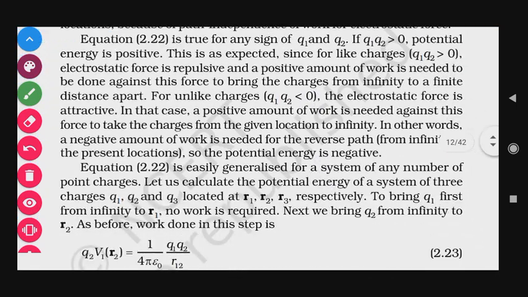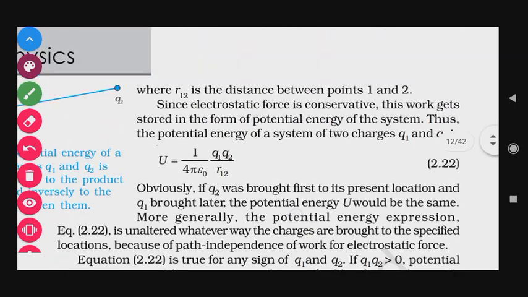Now for unlike charges, q1 q2 less than 0, the electrostatic force is attractive. In that case, a positive amount of work is needed against this force to take the charges from the given location to infinity. To separate these two charges, I have to do work.